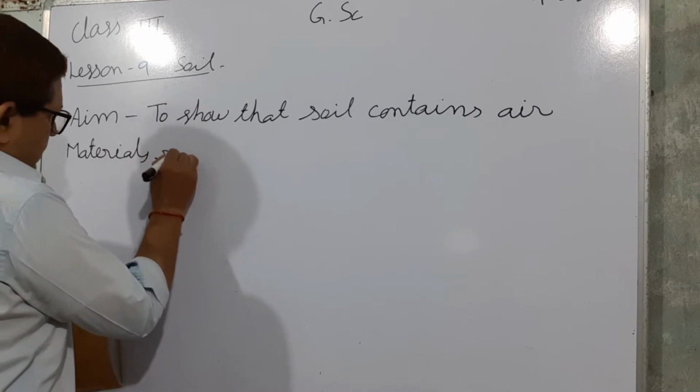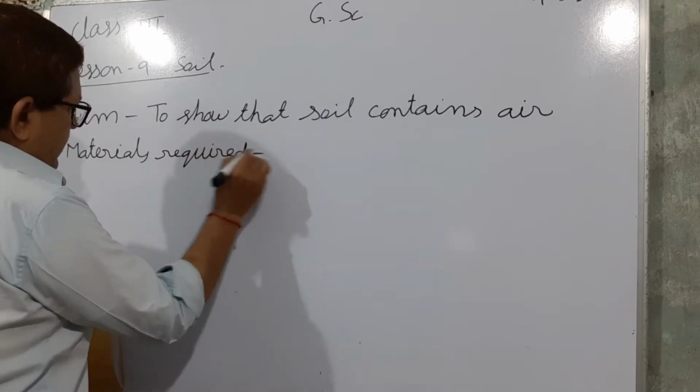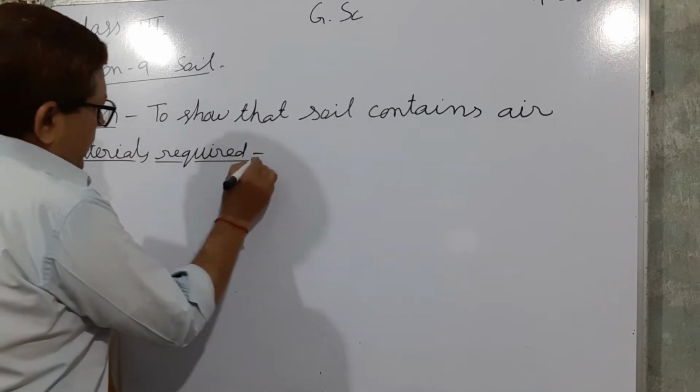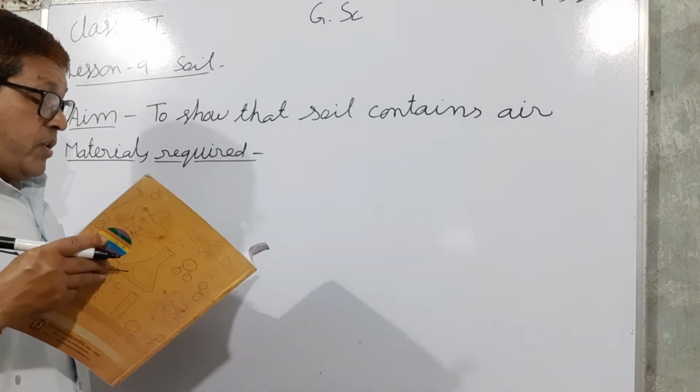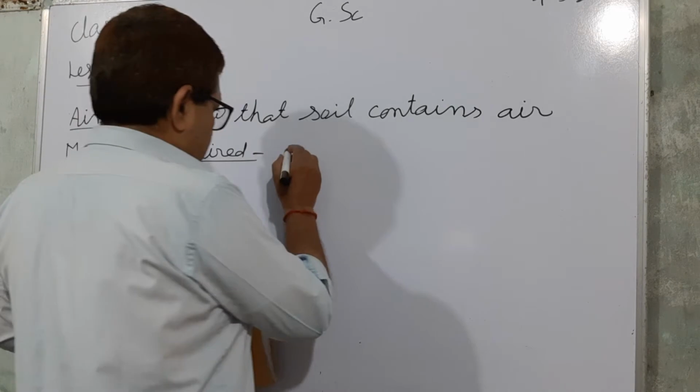Now, materials required. What materials are required here? Garden soil, jar, and water.